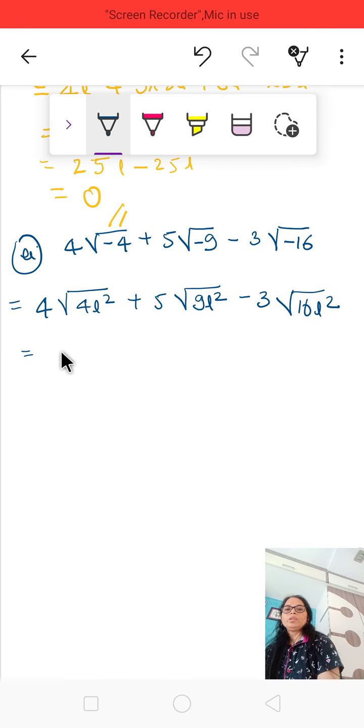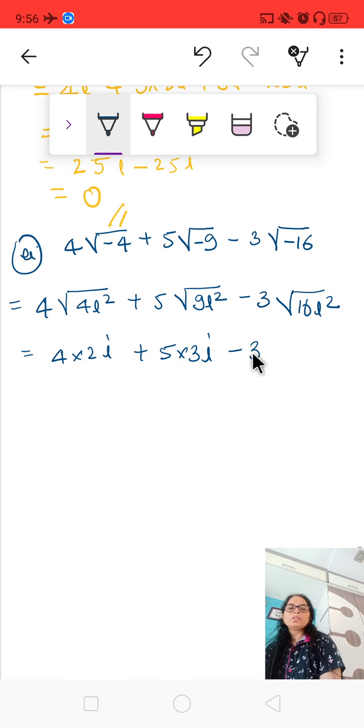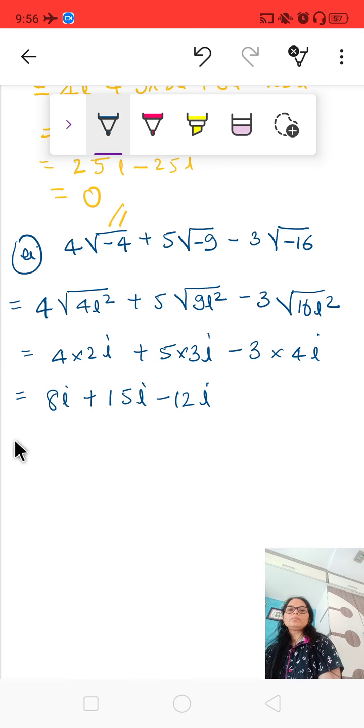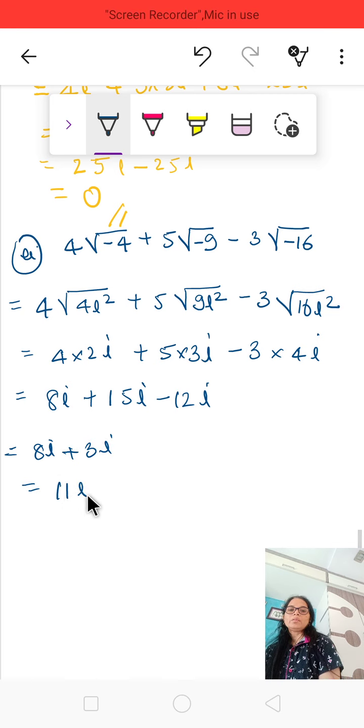So it will be 4 into 2i plus 5 into 3i minus 3 into 4i. So it will be 8i plus 15i minus 12i. So it will be 8i plus 3i, which is equal to 11i. Finish.